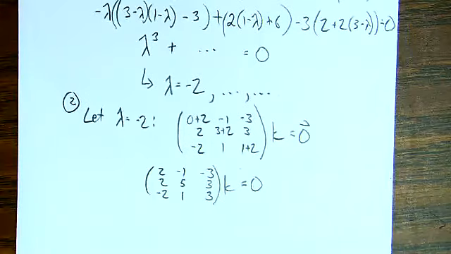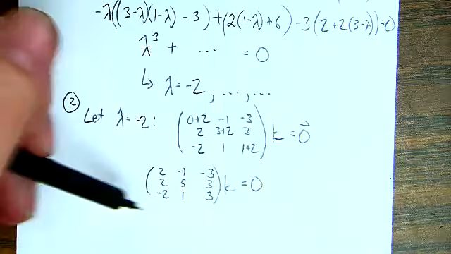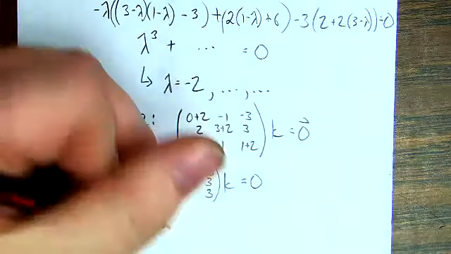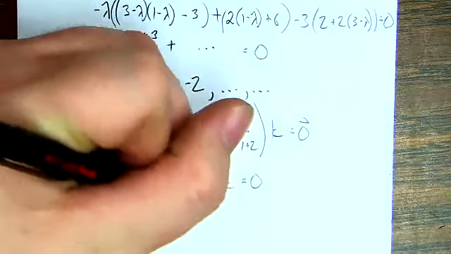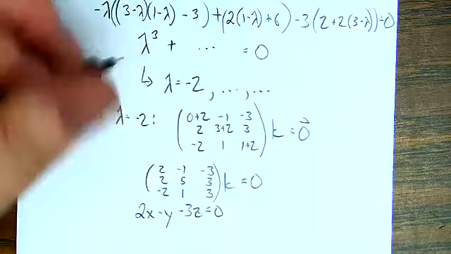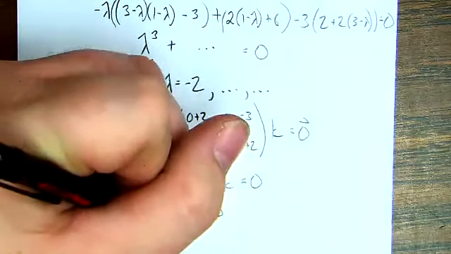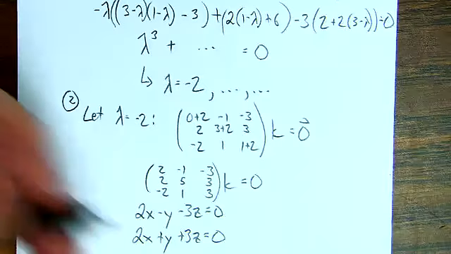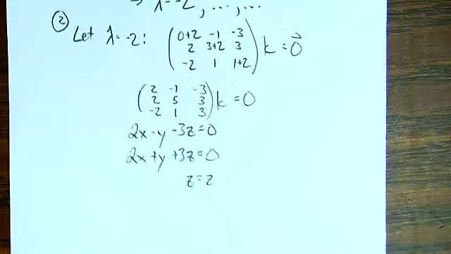And I have to find values of k that make this true. You'll notice this bottom equation is identical to the top equation, just multiplied by -1. And so I get the equations 2x minus y minus 3z equals 0, and 2x plus y plus 3z equals 0. And I have no information about z except that it's equal to itself.